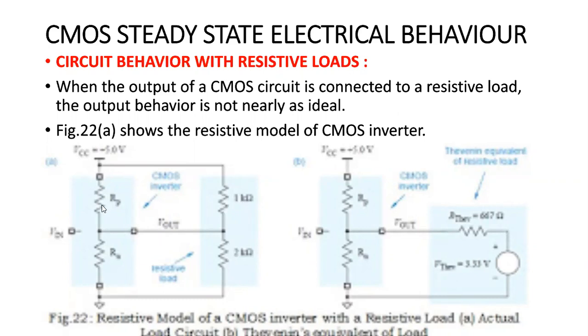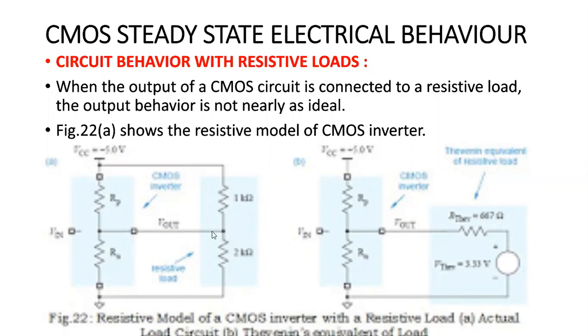If you observe this circuit, we are going to convert it into Thevenin's equivalent circuit. At this point, this 1 kilo ohm and 2 kilo ohms are connected in parallel. To convert this circuit into Thevenin's equivalent circuit, we need to calculate the Thevenin's voltage and the Thevenin's resistance.